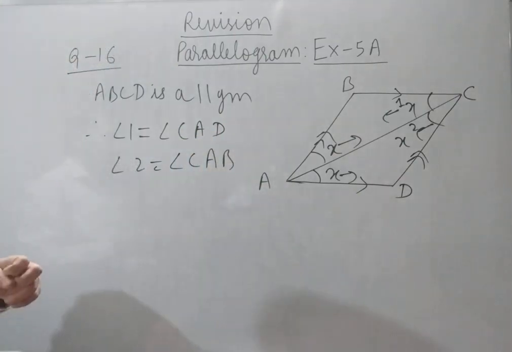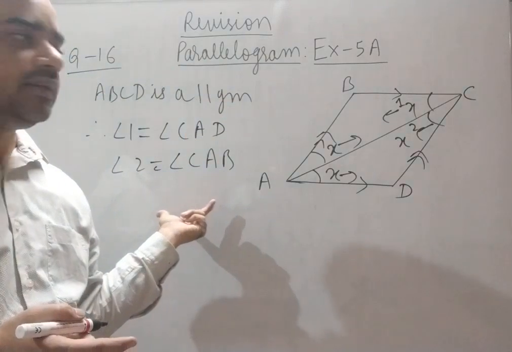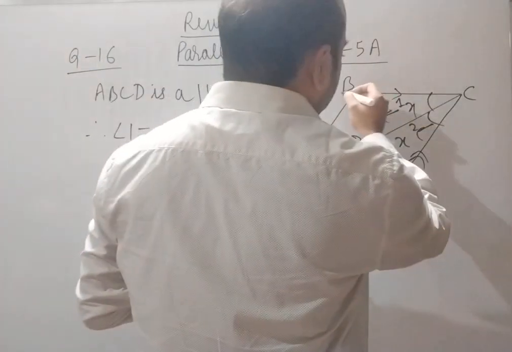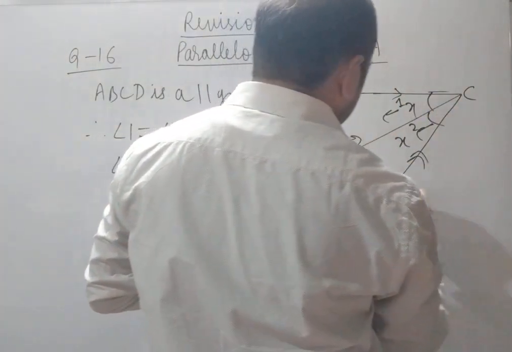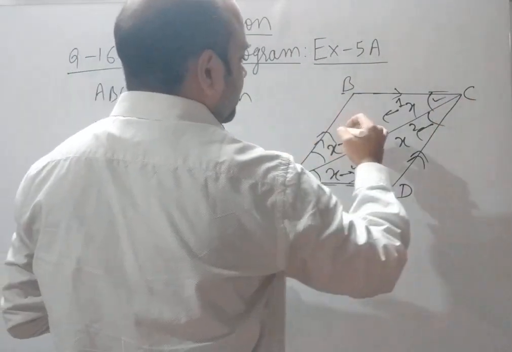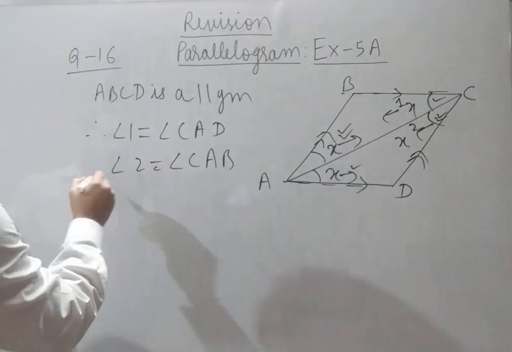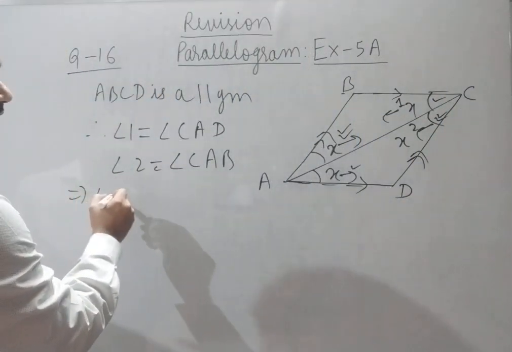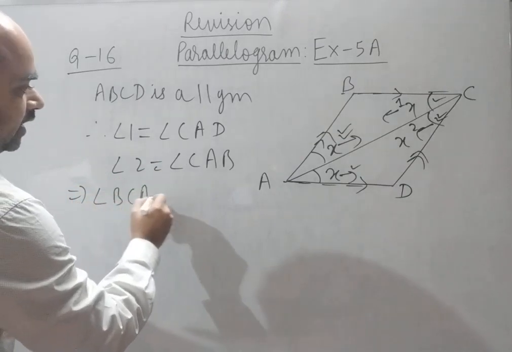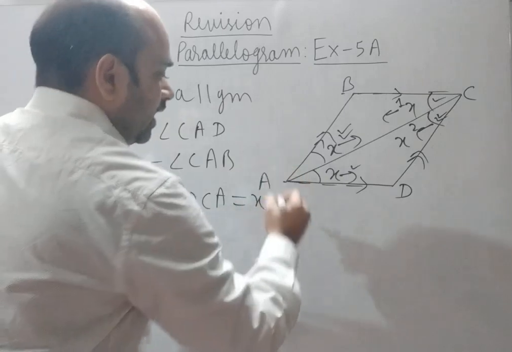Why? What is the reason? Since ABCD is a parallelogram, alternate interior angles. See, these two are parallel. So these two are alternate interior and similarly these two are parallel, it means these two will be alternate interior angle. It means therefore angle BCA is equal to angle DCA is equal to X.